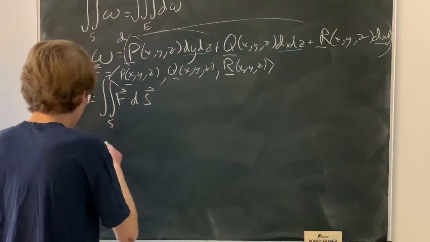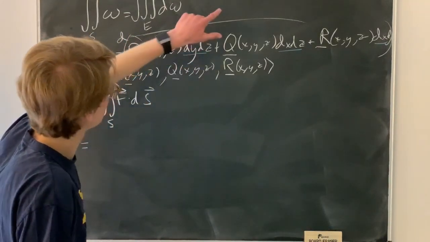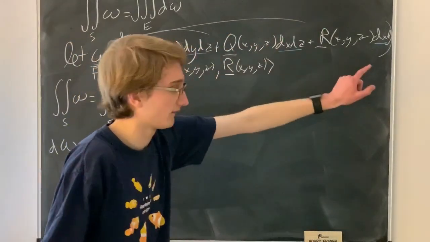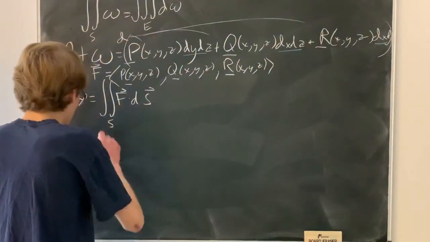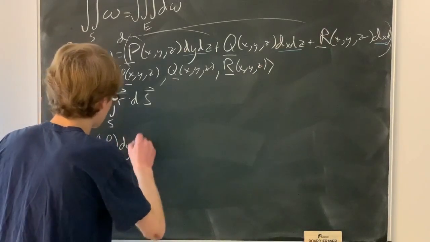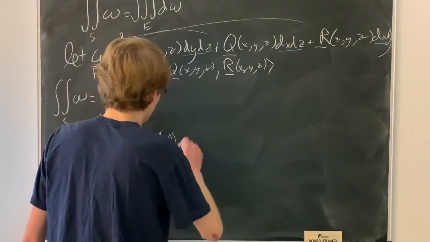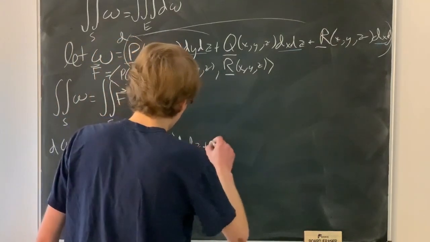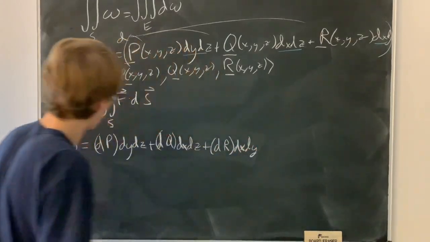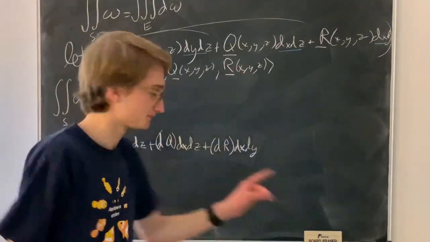So we can say we're going to have the derivative of P times dy dz plus the derivative of Q times dx dz plus the derivative of R times dx dy. Okay, we've just simplified this, we just got this expression for the derivative of omega.